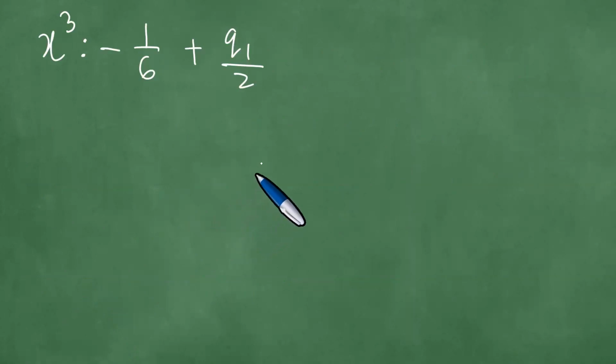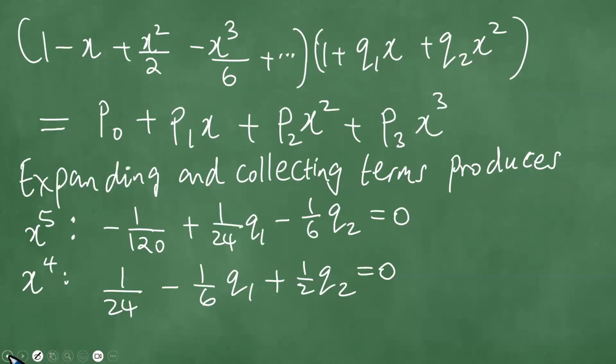And that's going to produce a minus Q2. But this one is going to be equal to the coefficient of x cubed on the right, because the highest degree is 3 on the right. So we're going to have P3 there.